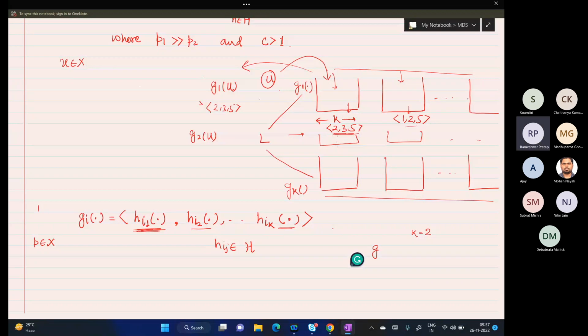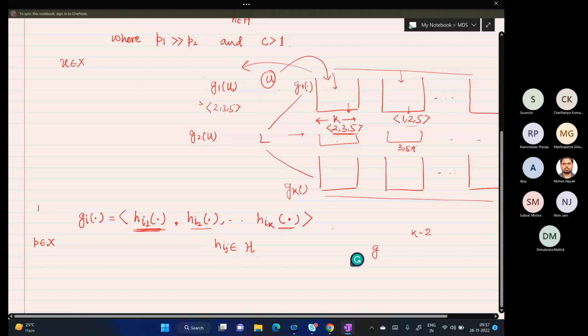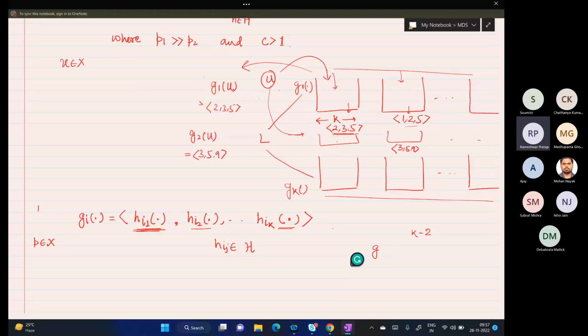For example, this bucket ID is maybe 359. So again, u will be mapped to this bucket. Similarly, for all the rows, we'll calculate the hash value under g, and whatever value we get, we assign the point to the corresponding bucket.